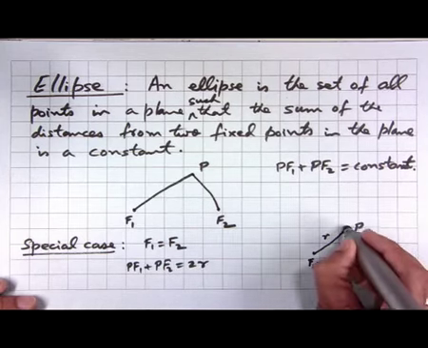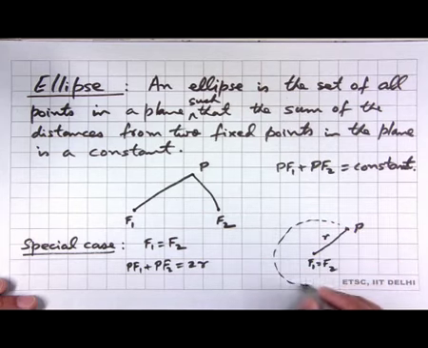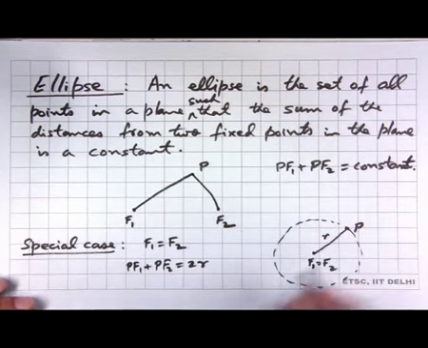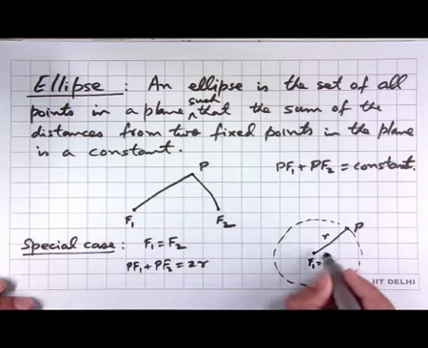So, what we get is a circle. If these two points coincide, then we get a circle.